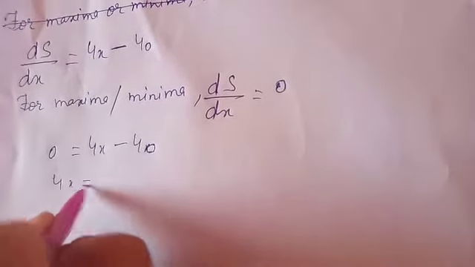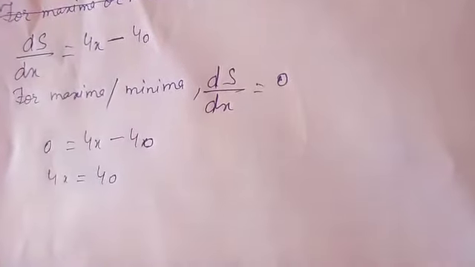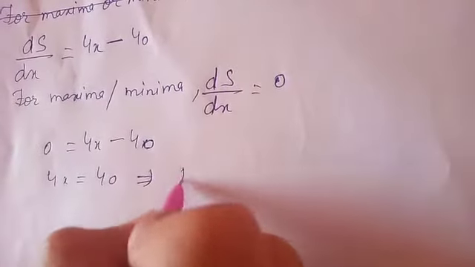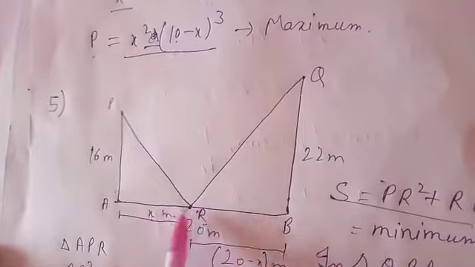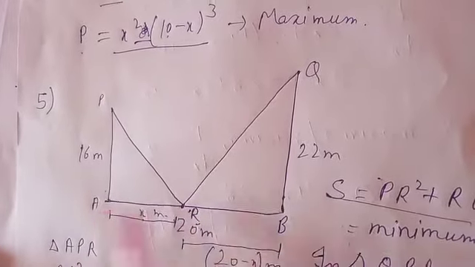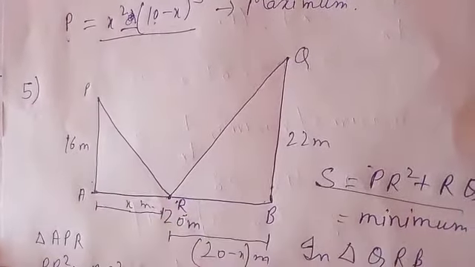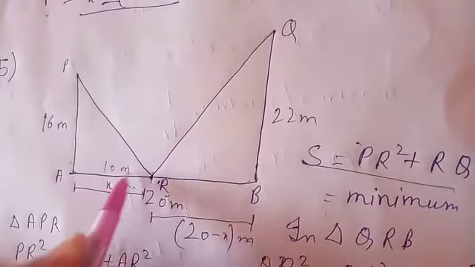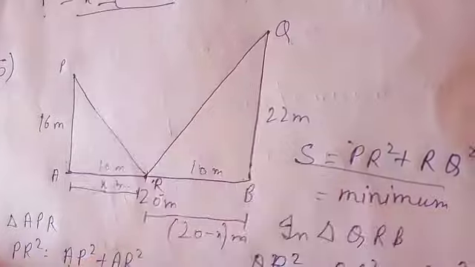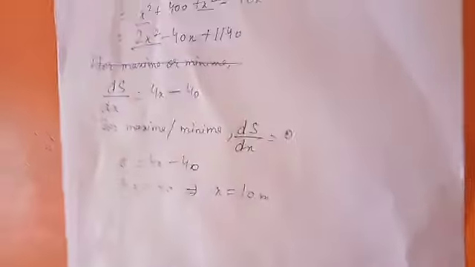So 4x is equal to 40. That means my value of x is 10 meters. 10 meters means this point R lies in the middle of AB, exactly at center. It is 10 meters and it is also 10 meters. Now we have found out the value of x.